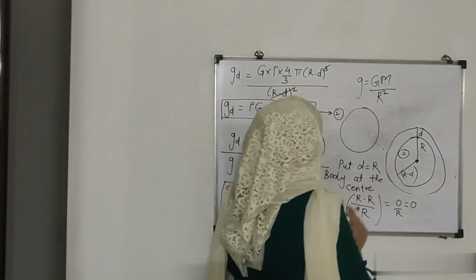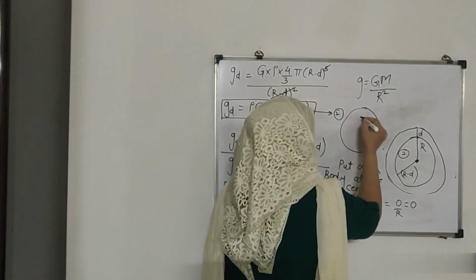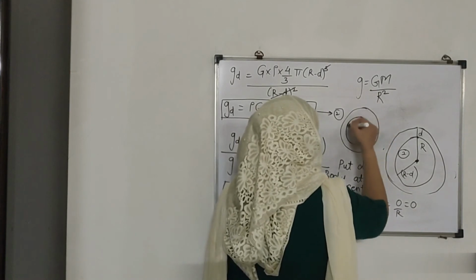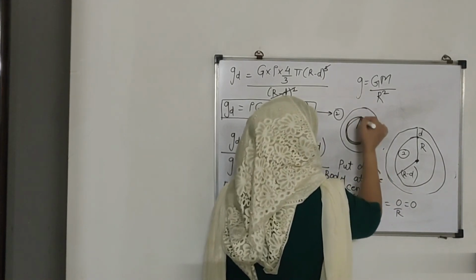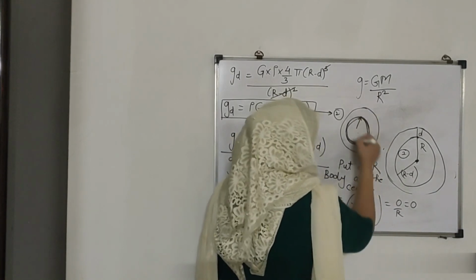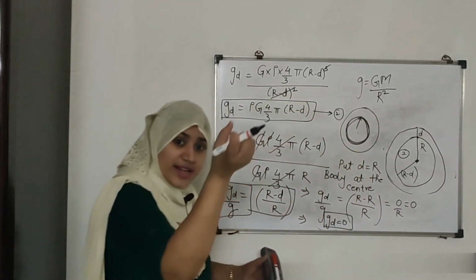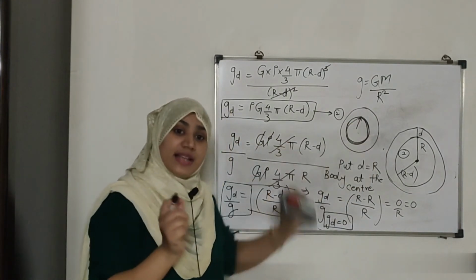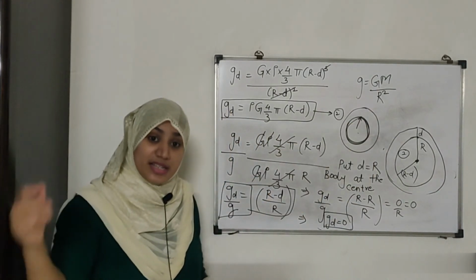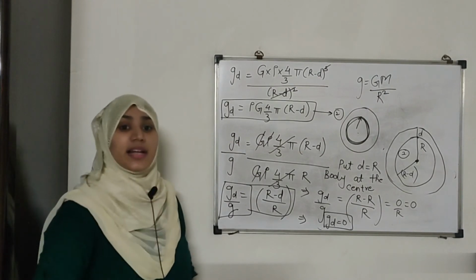See, look at this earth. Okay, this is my earth. Fine. So when I take my body to be here, how much is the mass which is attracting this body towards itself? It's less, right? The mass which is trying to attract the body is now less. That's why the acceleration due to gravity decreases when you start going inside the earth.